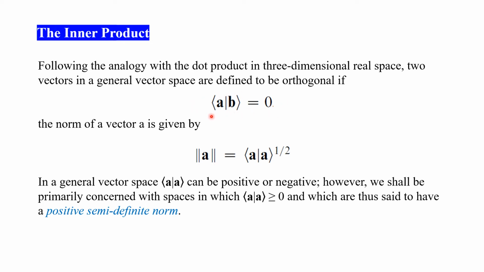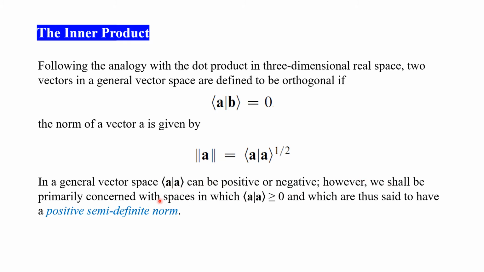And the norm of a vector A is given by the norm of A that's equal to ⟨A|A⟩ raised to the power 1/2, or this is just the square root of your inner product. In general vector space, your inner product ⟨A|A⟩ can be positive or negative.